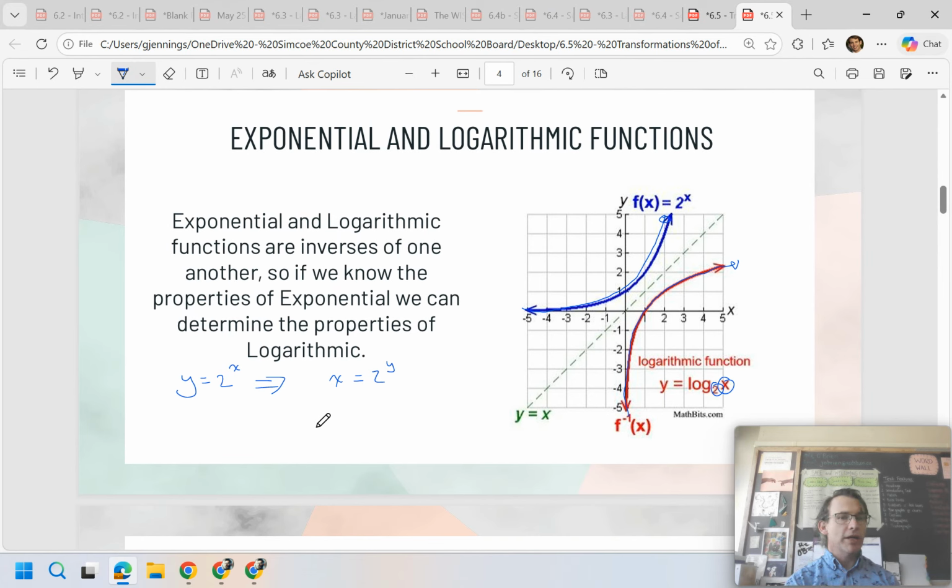Or you can just write this in logarithmic form. So if we want 2 to output x, we have to raise it to the y. So that is log base 2 of x equals y. Remember, the exponent itself is the output of a logarithm. So that would be the rearrangement. That's just the algebraic move it around. That's exactly what we have here.